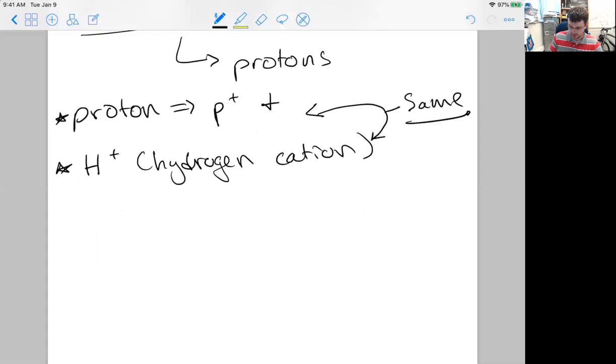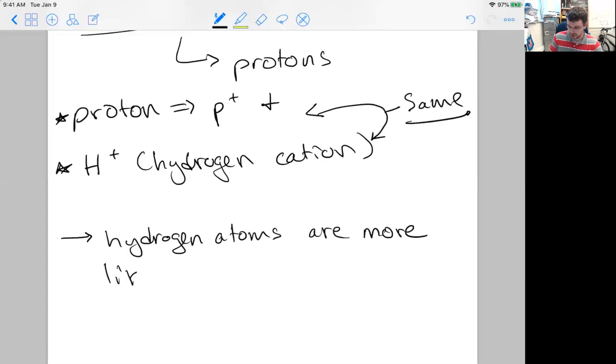One thing to keep in mind is that hydrogen atoms are more likely to be lost or transferred in a reaction than any other atom.